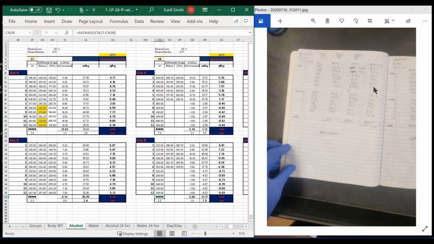And then the before is going to be, remember, Thursday is when we give them a fresh bottle. So for this particular day, the fresh number is going to be taken for that Thursday reading. So here it is going to be 327.